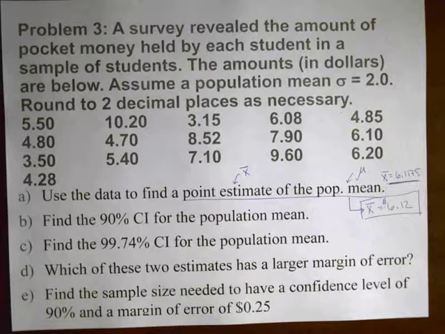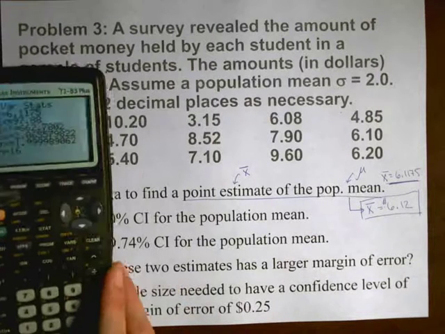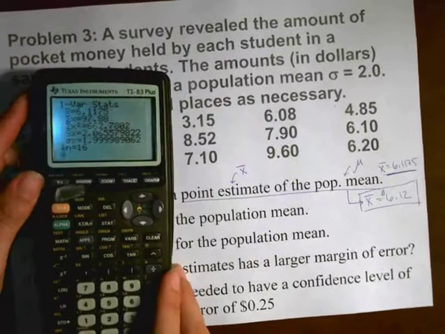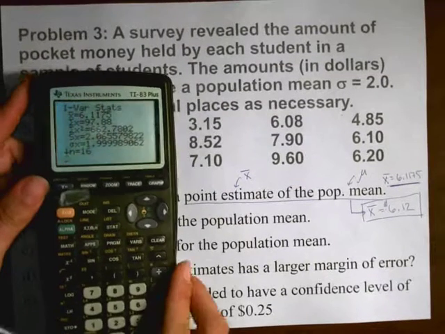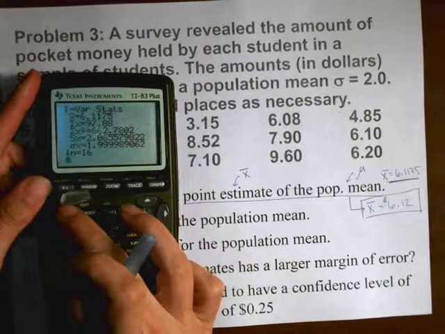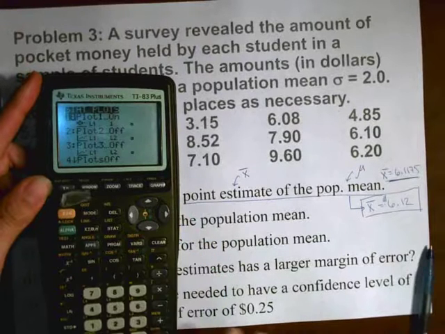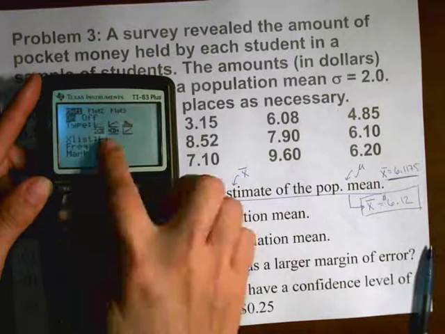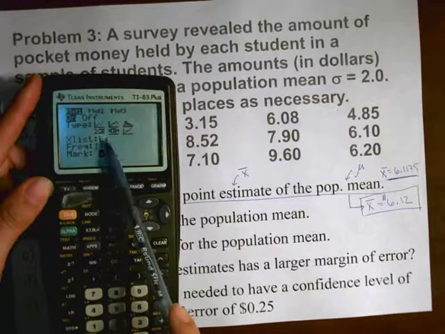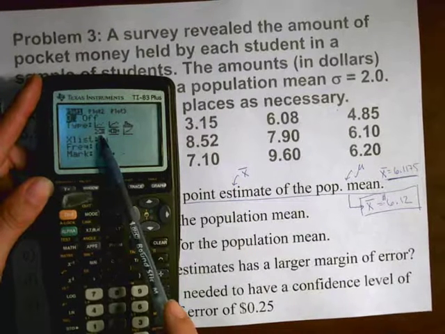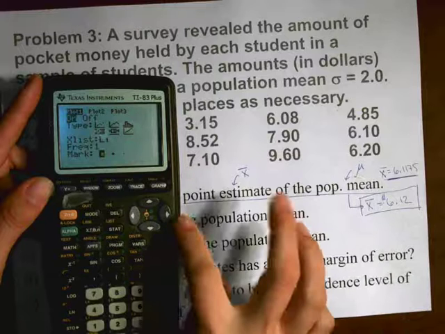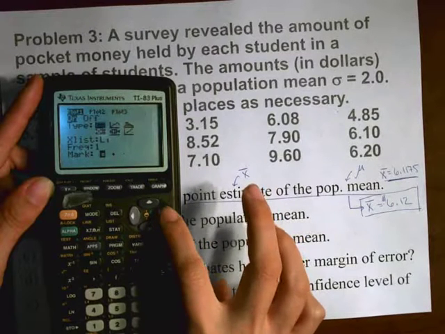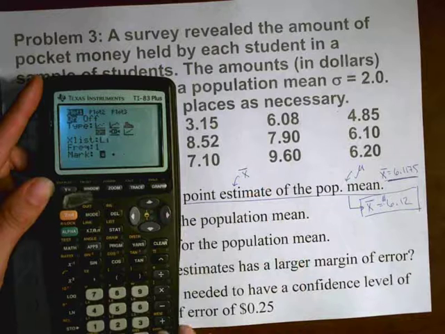We talked today in class about a way to do that: make the normal probability plot in your calculator. If you remember, you can also make a box plot with your calculator, and your calculator will identify outliers that way. So if you go into second and stat plot and turn your plot 1 on, I want to select this thing here that looks like a box plot, which I have already selected.